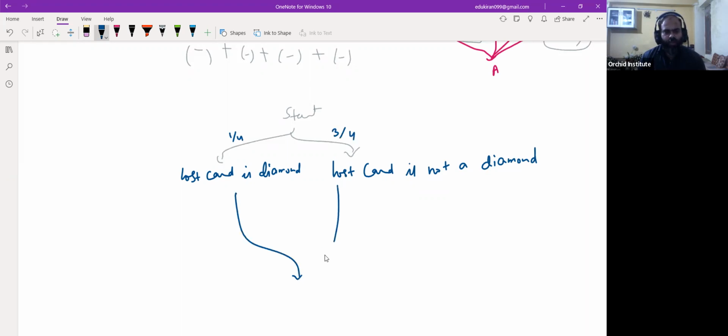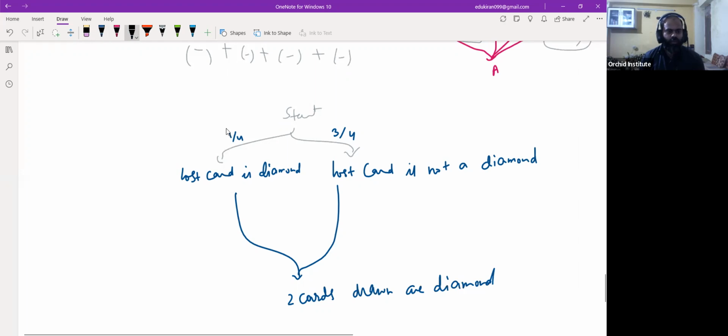Now we come to the final one, which says the two cards which are drawn are found to be both diamonds. Two cards drawn are diamonds. So here if you will see the branch value. Lost card is a diamond. So how many diamonds are remaining? 12 diamonds are remaining. Out of 12, you have to select 2 in 12 C2 ways.